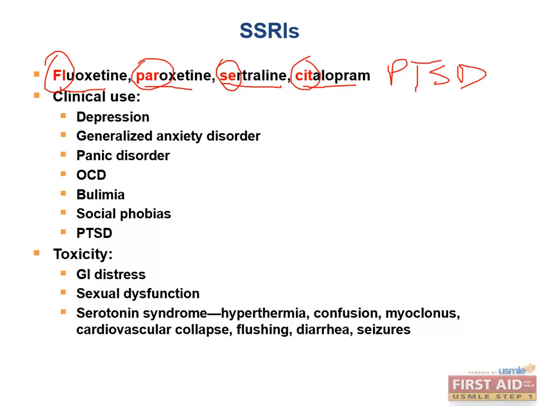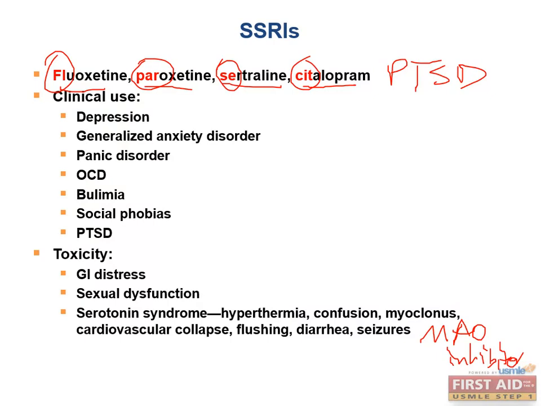Basically, if a patient taking SSRIs also incidentally takes a medication that increases serotonin concentrations, like for example an MAO inhibitor, they will get serotonin syndrome. Think of it as neurotransmitter overload, because they're taking the SSRI, which blocks serotonin reuptake, and they have an MAO inhibitor, which blocks metabolism of serotonin. They get serotonin overload, and it presents with hyperthermia, confusion, myoclonus, cardiovascular collapse, flushing, diarrhea, and seizures.